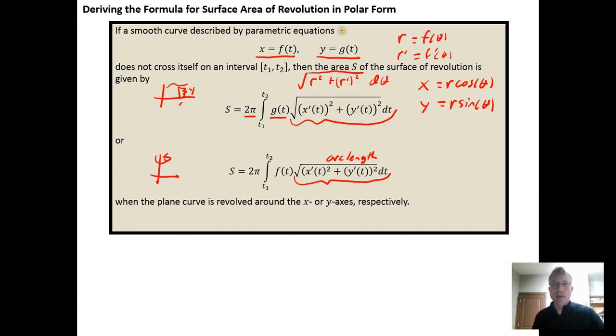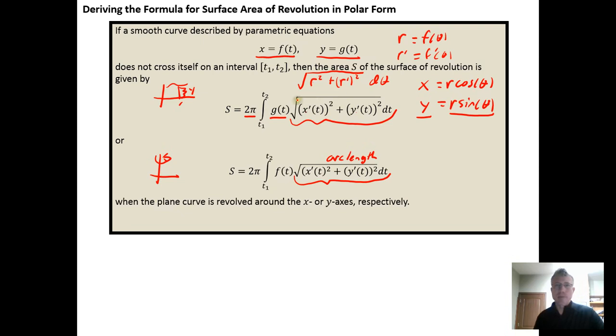So if we have a parameterized function y equals g of t, then the height, or the y value, is just g of t. It's 2 pi times the radius. But if we're converting over to polar form, we know that the y value is the radius times the sine of theta.